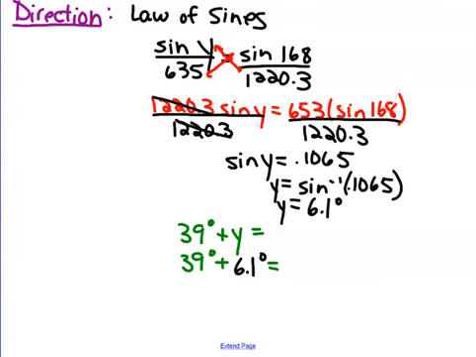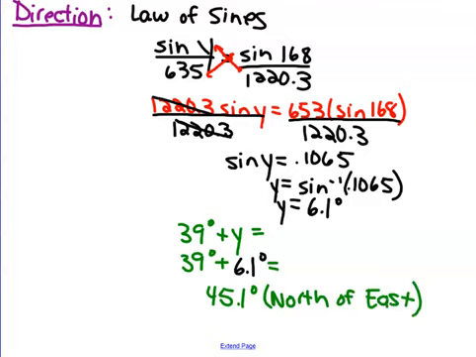A little bit better there. And I can either leave it at that, or I can say north of east. But if we say 45.1 degrees, we know it's relative to 0.